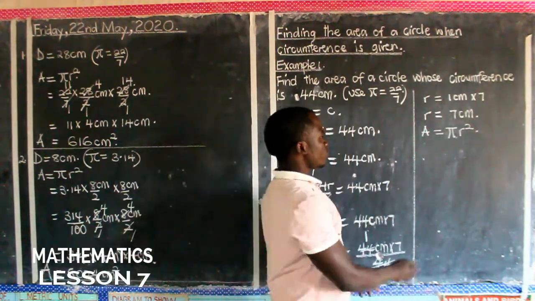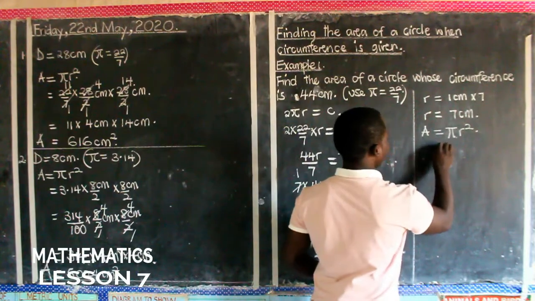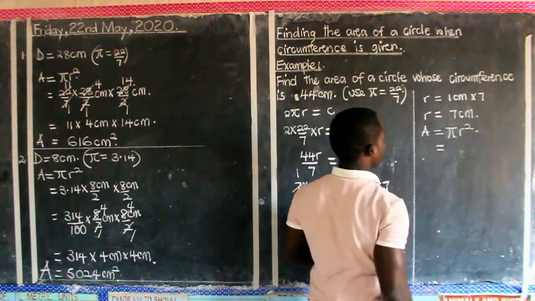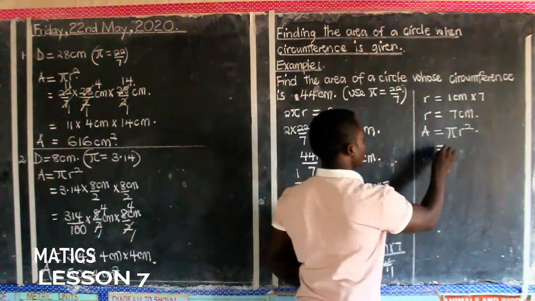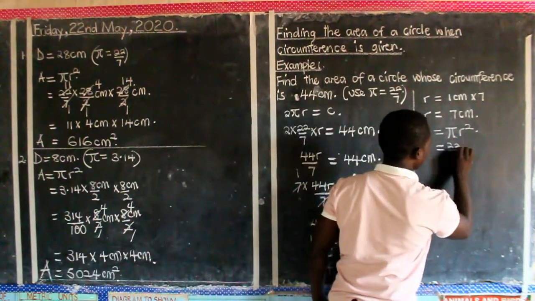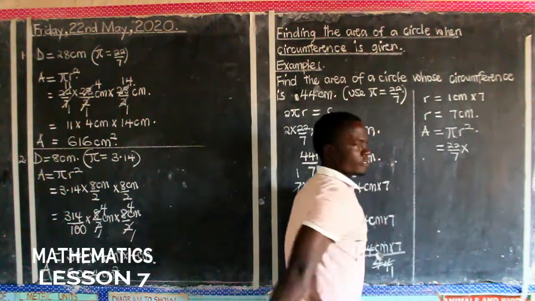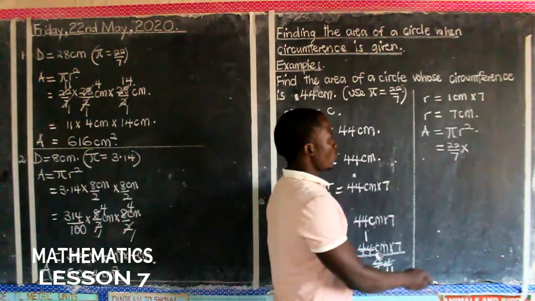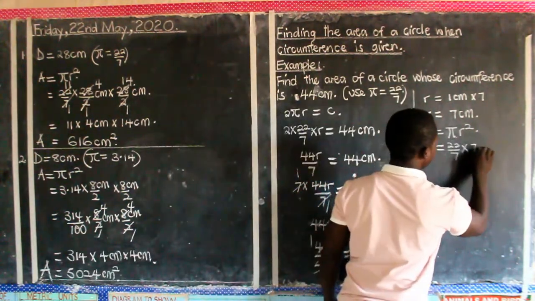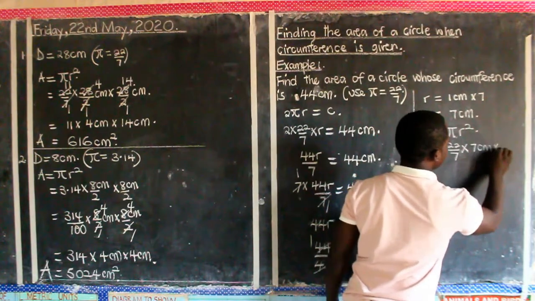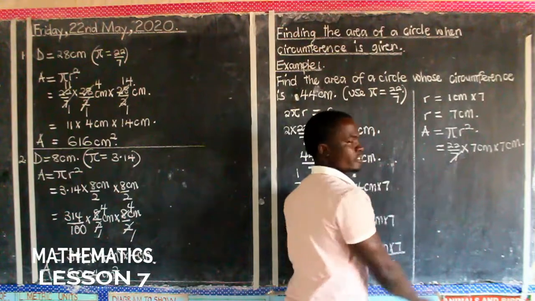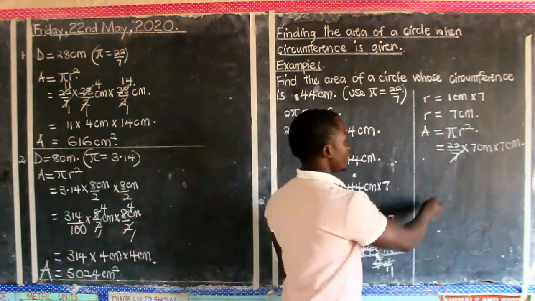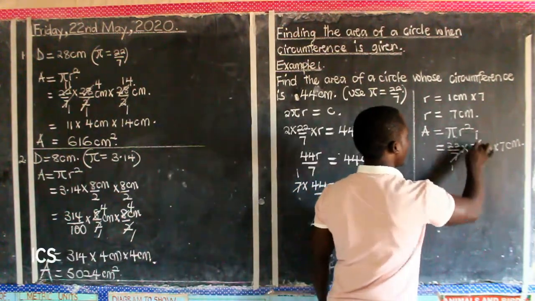We shall move on to the next step, whereby pi is 22 out of 7 times the radius of 7 centimeters, which you have just got, times 7 centimeters. By 7, we shall have once by 7 once.